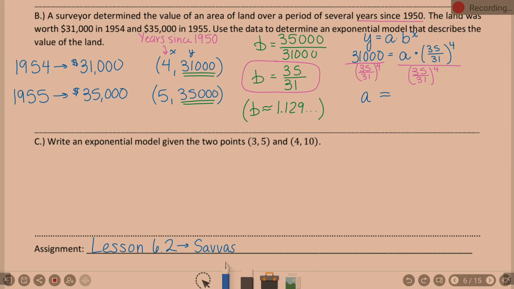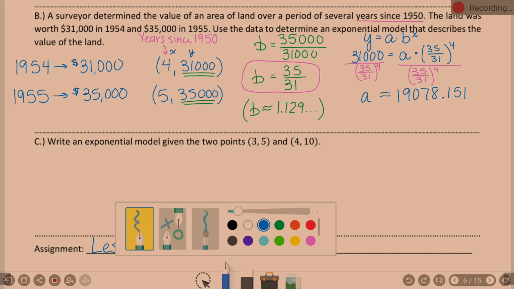Okay, and that's why I encourage you to not just use a rounded decimal, but to use the fraction. $19,078 by say 0.151 for 3 decimal places. Okay, that's your A value, yes?